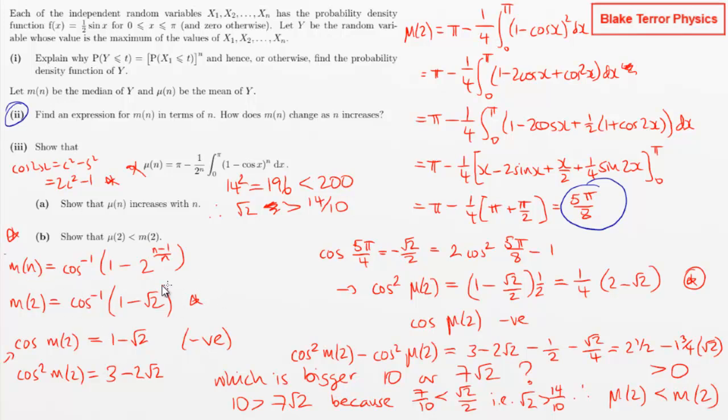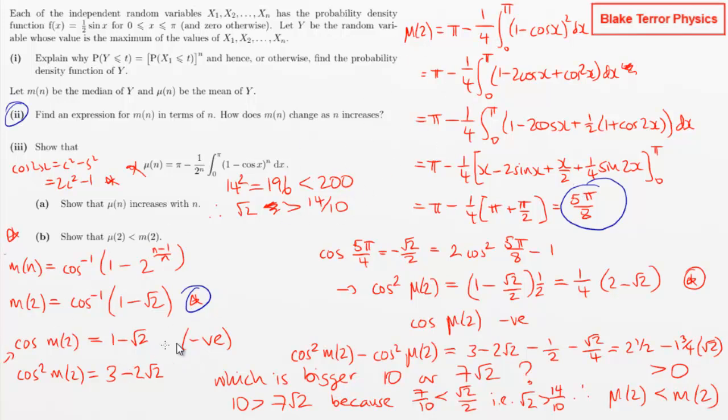But m2 was an inverse cos. But still, this is what m2 is over here. I didn't think there was much I could do with that, because there's no way I'm going to work out inverse cos of 1 minus root 2. So I've cosed it and said that cos m2 is that, and then started looking at cos of mu2 and then compared these coses.